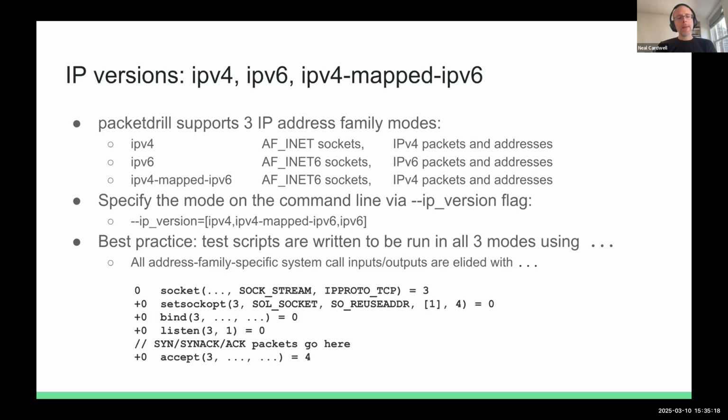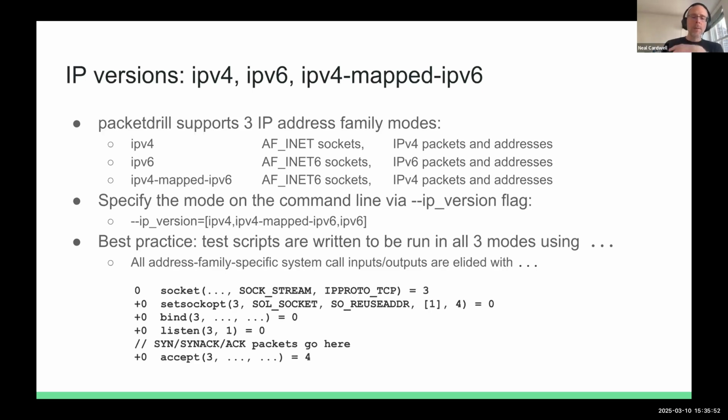And then we consider it best practice to make test scripts, as much as possible, able to be run in all 3 modes using that ellipsis construct that we were talking about. So you basically want to, as much as possible, take all of the address family specific parts that you might have in a sequence of system calls and just use the ellipsis feature to elide out the aspects that are address family dependent.